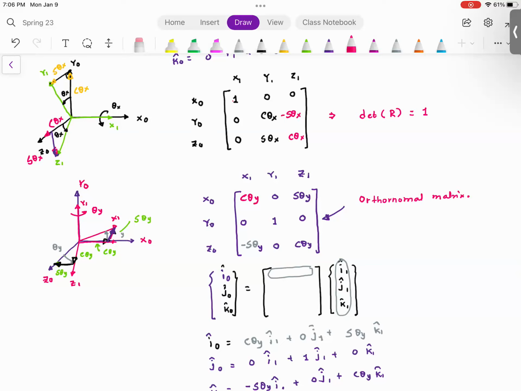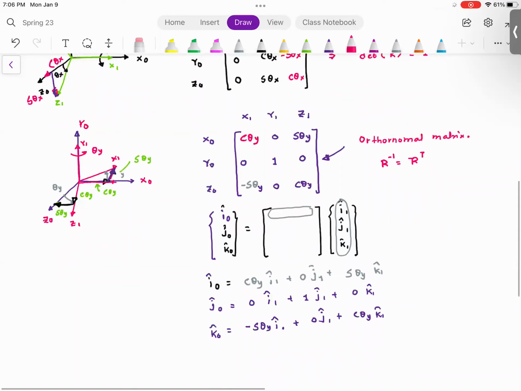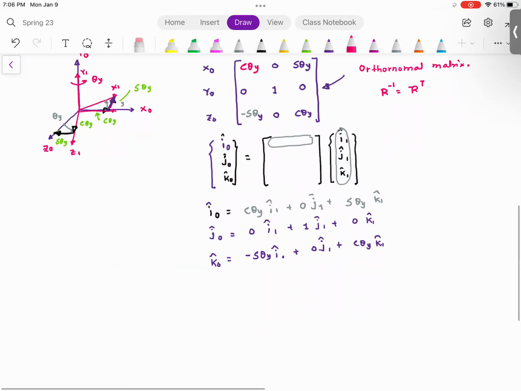What is the most important property of an orthonormal matrix? The most important property of an orthonormal matrix is that inverse is equal to transpose. So R inverse is equal to R transpose. What does that mean? Now let me give an example.